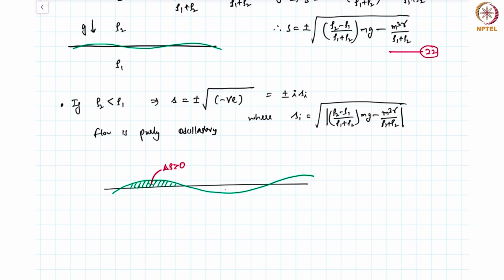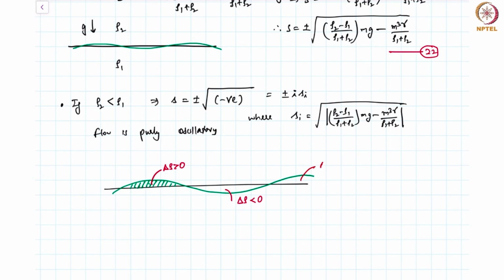On the other hand, where you create a depression, the delta rho is actually less than 0, because originally it was basically rho 1, but now you filled it with rho 2, which is a lighter fluid, and therefore this particular region will have a delta rho, the density difference, less than 0.